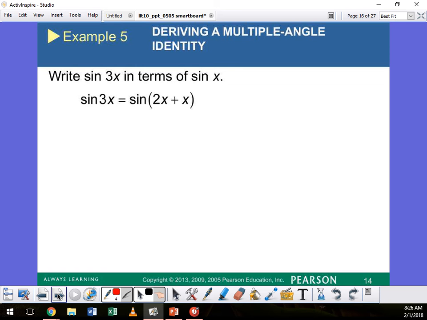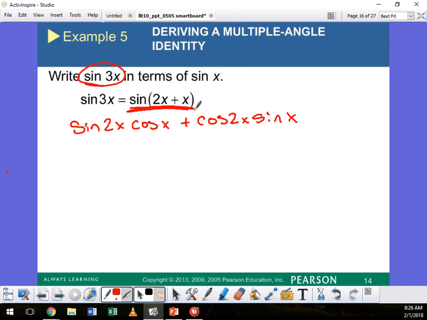So if I'm doing my formula, it's going to be sine 2x cosine x plus cosine 2x sine x. It's giving you this, and it wants you to do this. Isn't this a formula that we have?